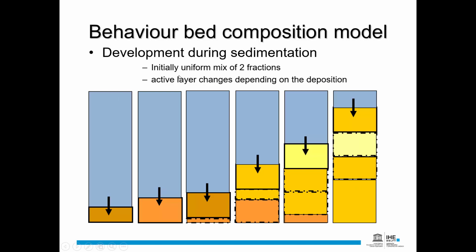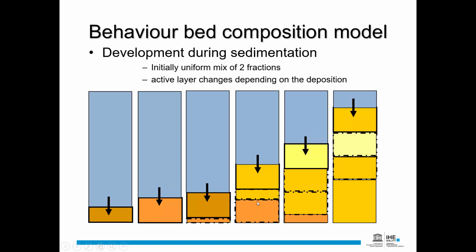If we have sedimentation or deposition, it's the other way around. Usually the coarser sediment falls faster, and after that, the finer sediment may come. But when the sediment comes from the water column to the bed, first the active layer is growing to become the thickness that we have given to the model.